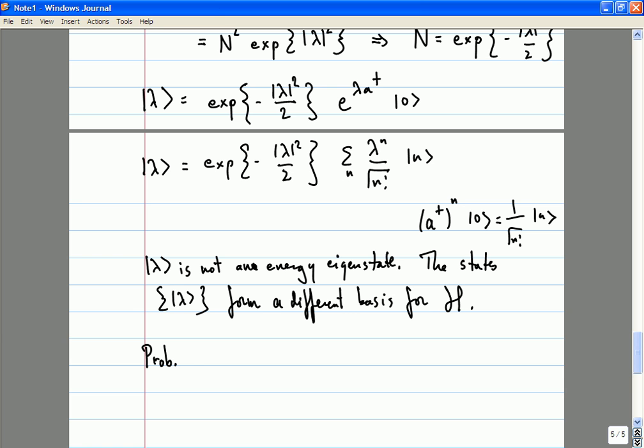Then what you will see, according to the usual Born rule, is that the probability of being in the nth state after the outcome of this measurement is proportional to the absolute value squared of this guy right here. So it's equal to e to the minus lambda squared times the expectation value of lambda times the square of lambda to the 2n divided by n factorial.